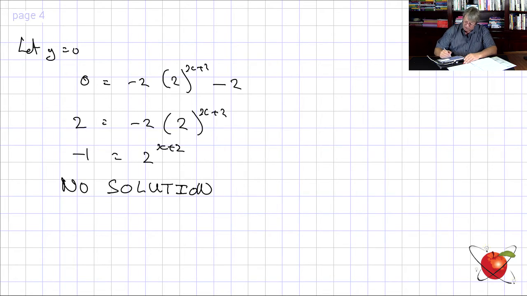Students would be tempted to write that minus 1 equals minus 2 to the power of 0. Okay? So what are you going to get? You're then going to drop the base, right? But you're going to put that equal to 2 to the x plus 2. All right? And what happens here is you can never get something to the power of something to be a negative number.